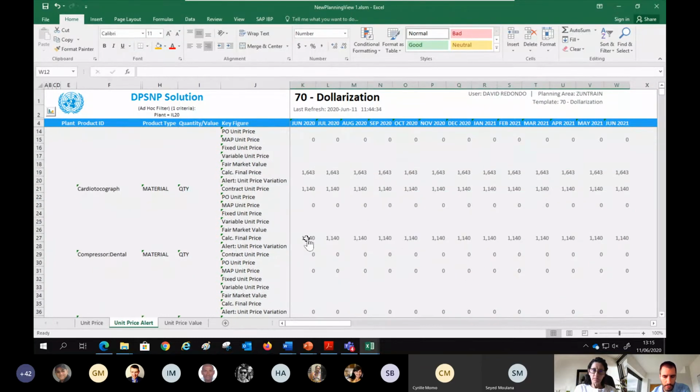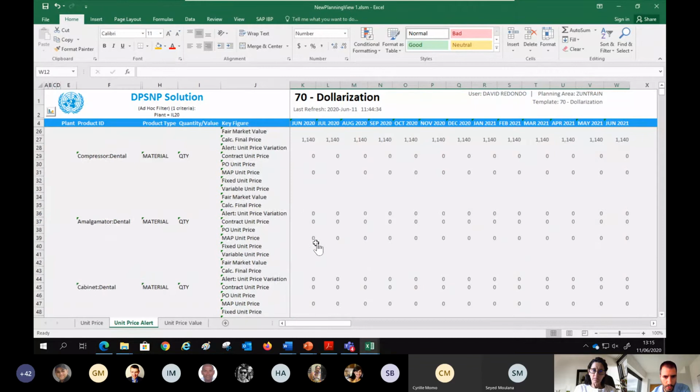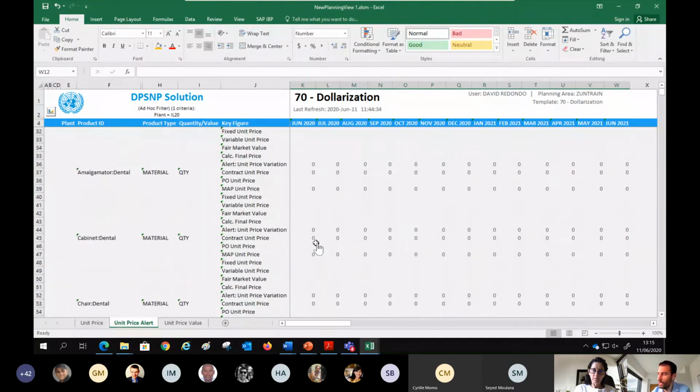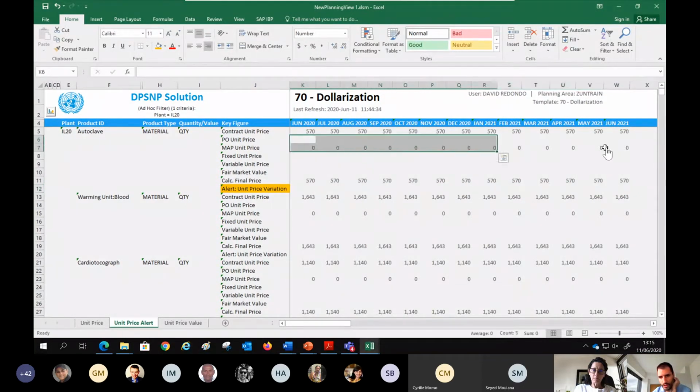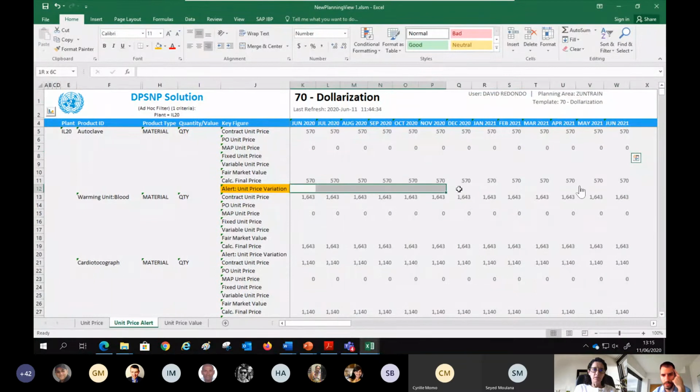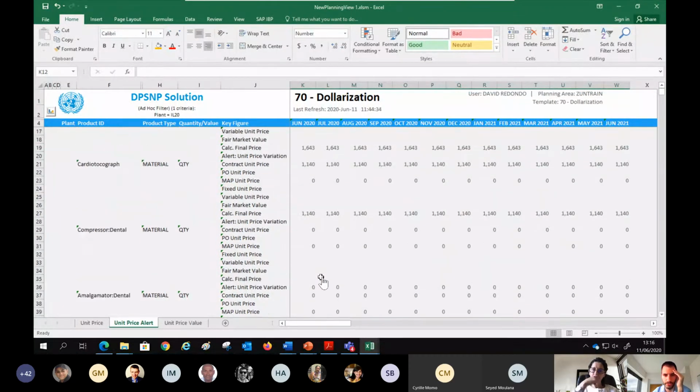Since the system is bringing prices from all over the place, it would be a good way to capture possible errors in the data. For example, if your moving average price, in this case 0, so it's not a particular value, is too low or too high compared to the contract, then we might need to revisit the data and see what the issue is before the system takes a value that is so different from other sources.